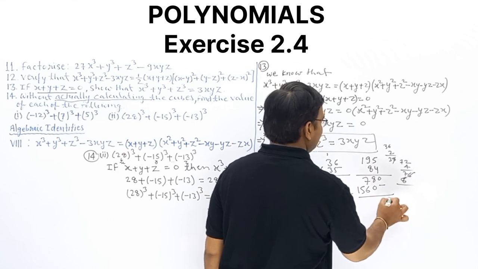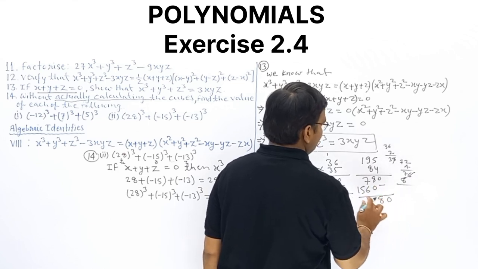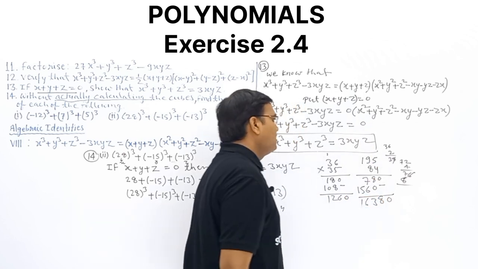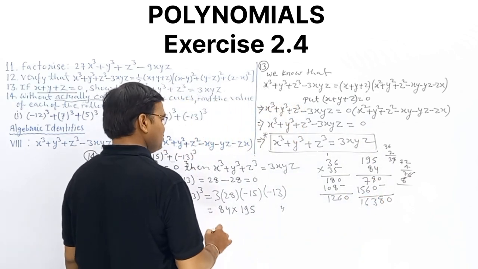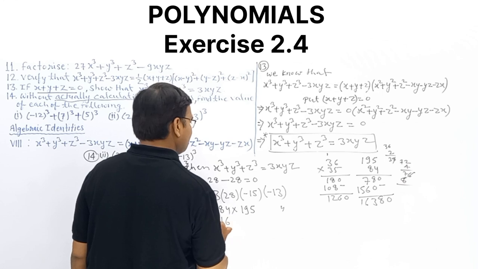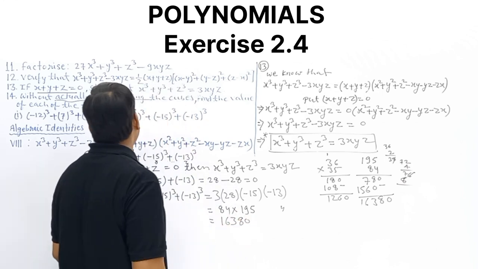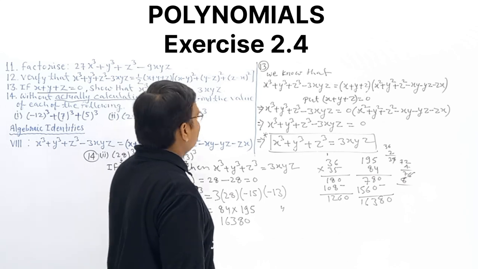Clear? 8 zeros are 0. So 16,380 will be the solution of this question, the second one.